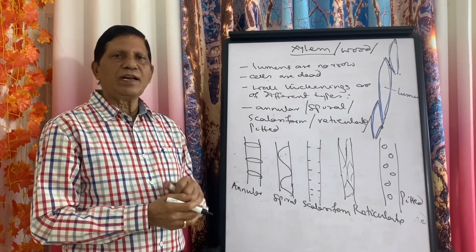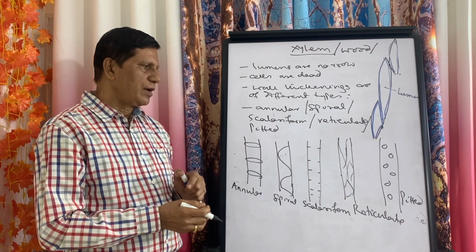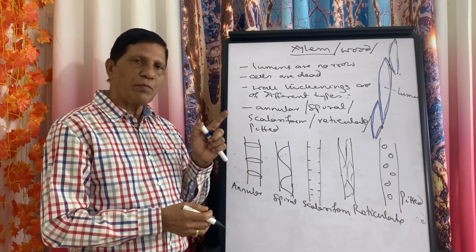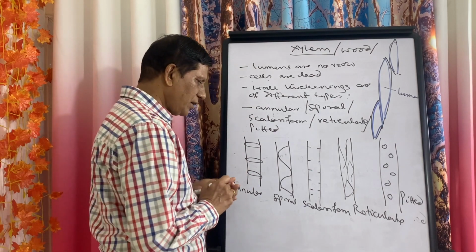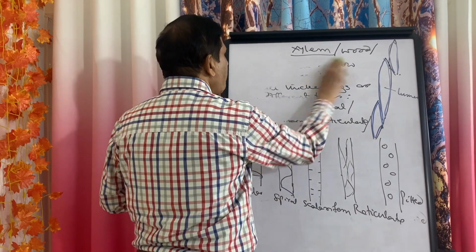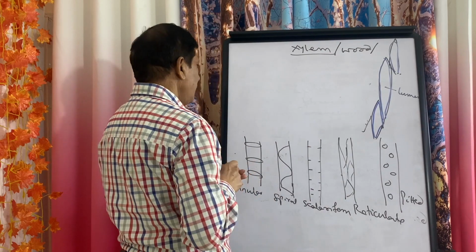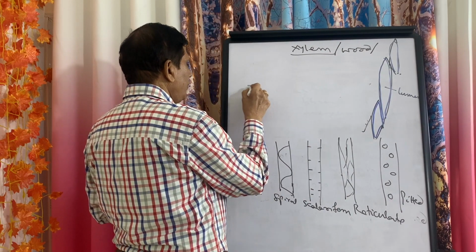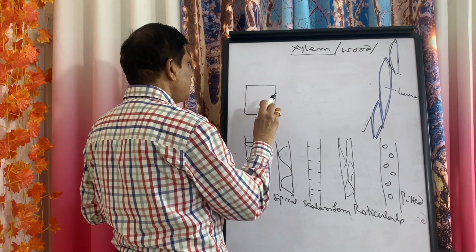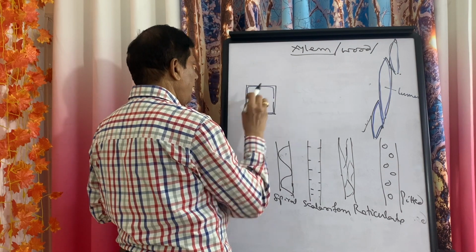Now the pits are again of two types. There may be simple pits or bordered pits. But in the tracheids of gymnosperms, a large number of bordered pits are there. So let us draw the diagram. Suppose this is one cell, and this is the inner one.